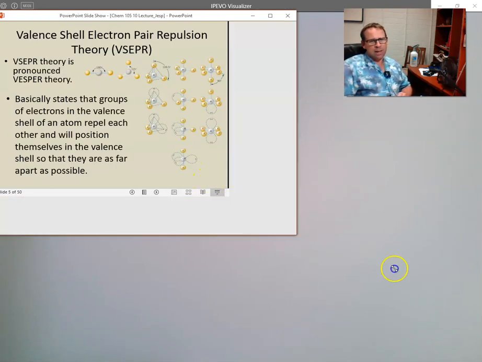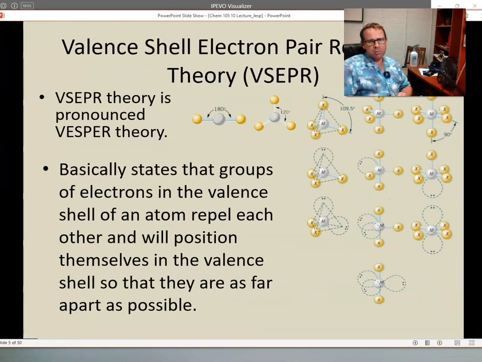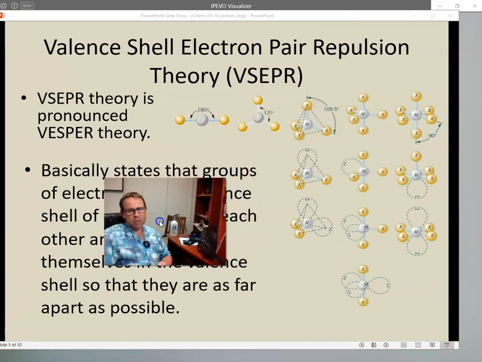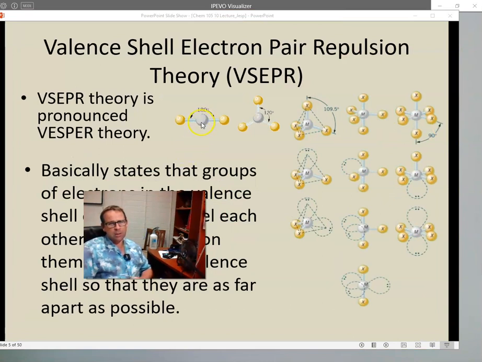So let's take a look at these different shapes that can result upon having different numbers of regions of electron density around the central atom. As we said, yeah, go ahead. So instead of an angle being 90 degrees for the carbon with the 4 hydrogens around it, is it supposed to equal 360 or not? No. Because if it was 109.5 for each angle, then it would be more than 360, right?